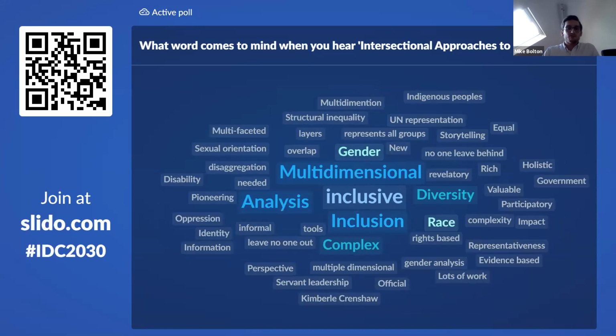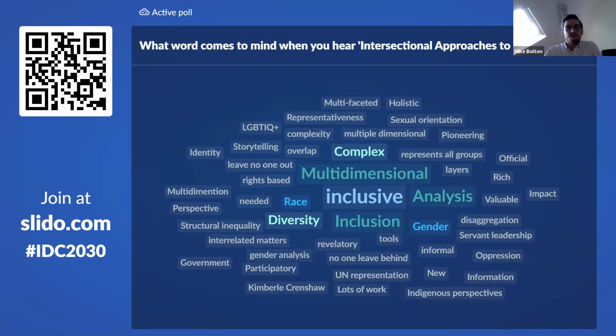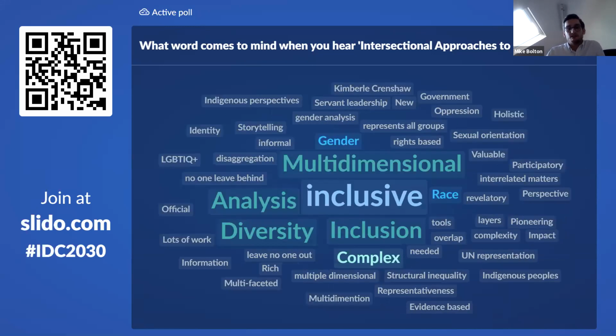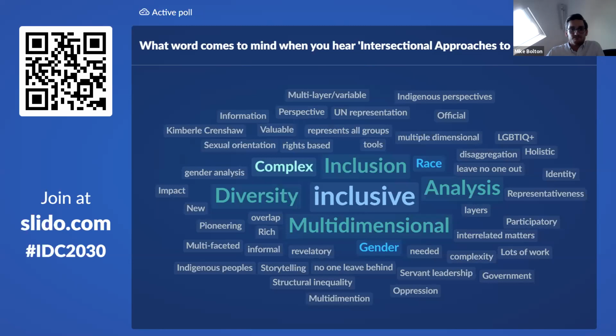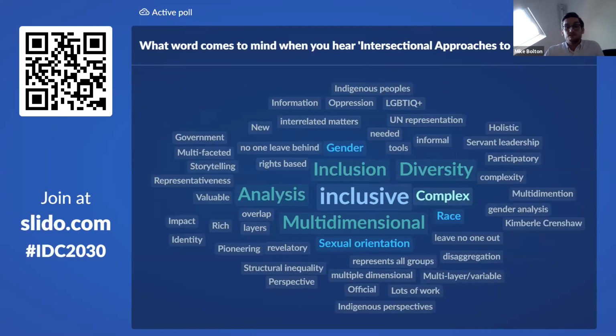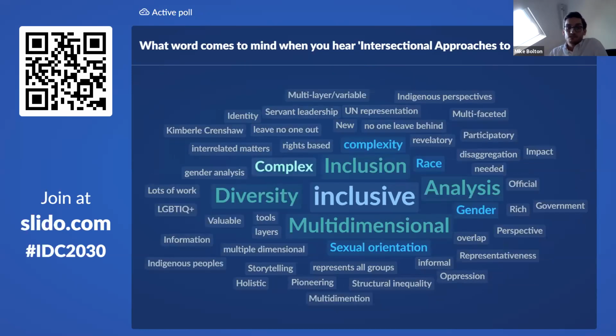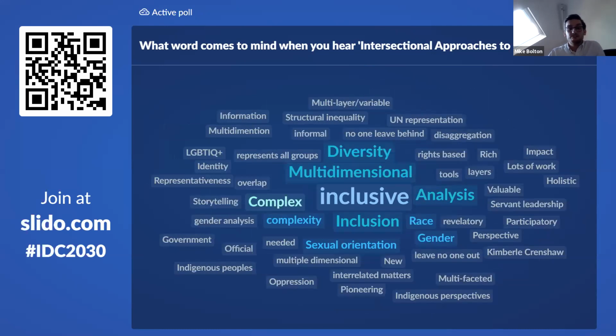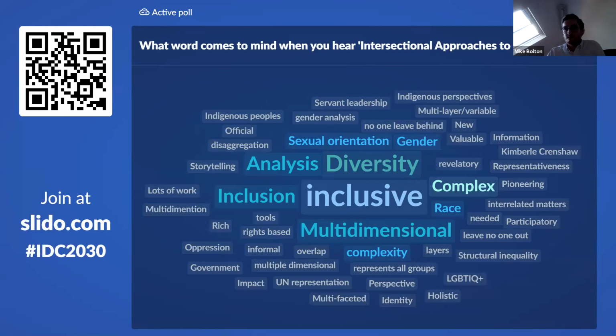So when talking to some of our partners, intersectionality has come up under many different guises in these conversations. And we've been having these conversations with many of our champions within the Inclusive Data Charter network. The Charter is a multi-stakeholder initiative involving a really broad set of organizations. Next slide, please.